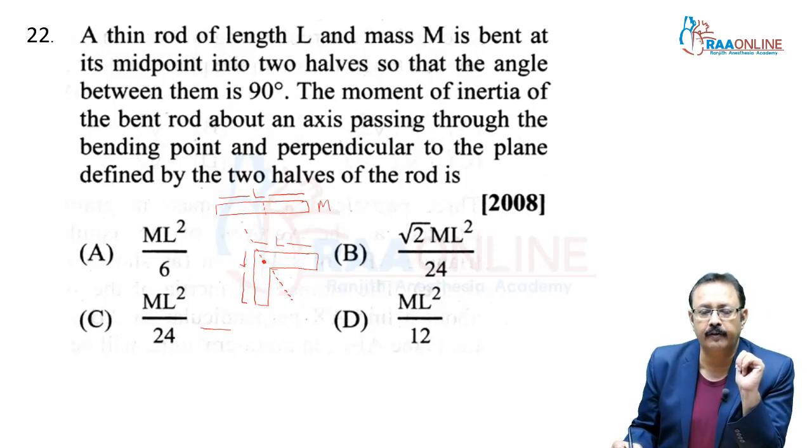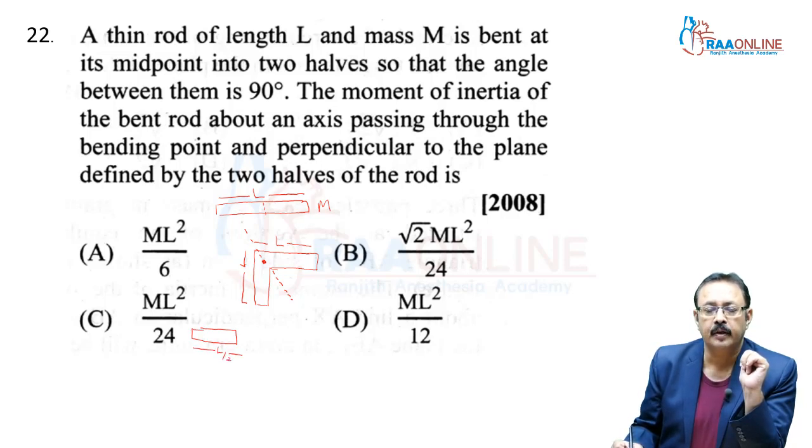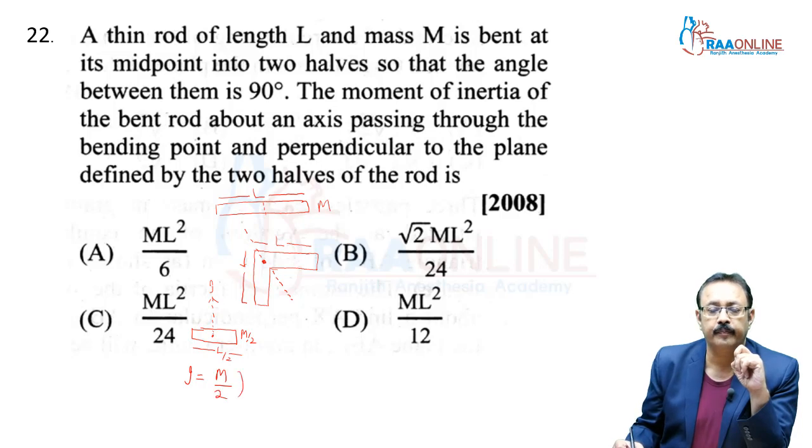See, it is a half part, means its length is L by 2. You know the moment of inertia of a rod about an axis through the center of gravity and perpendicular to the length of the rod is ml square by 12. Now it is a half part, so the mass should be m by 2 and the length L by 2.